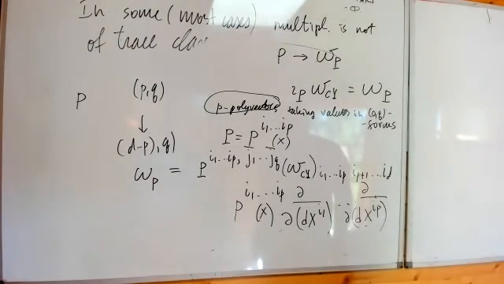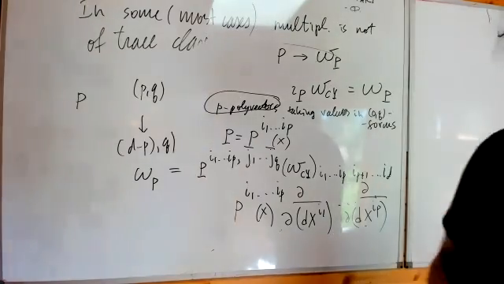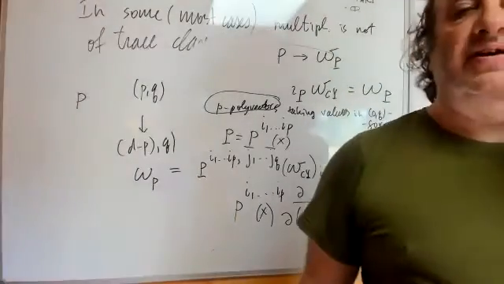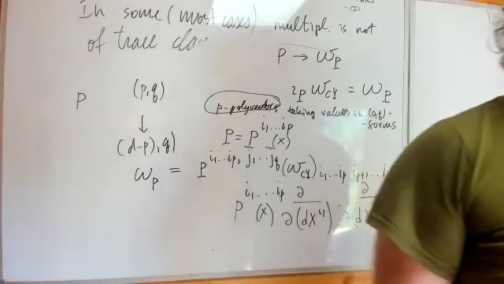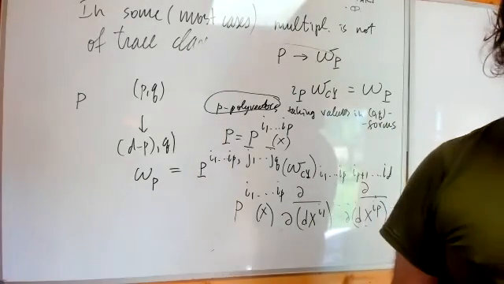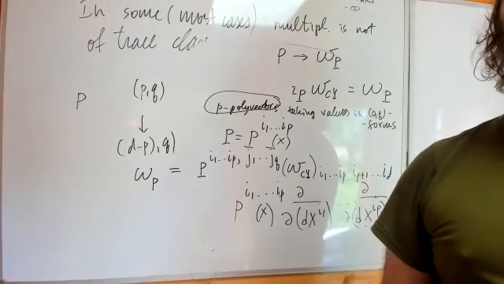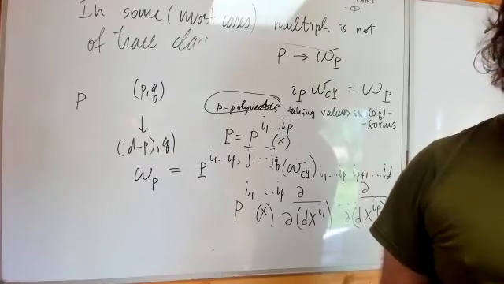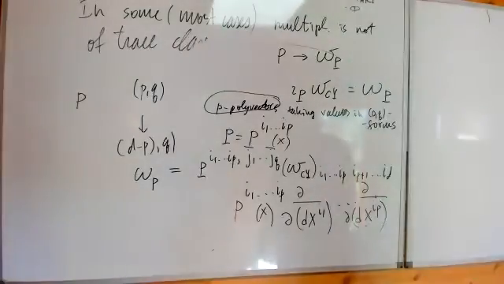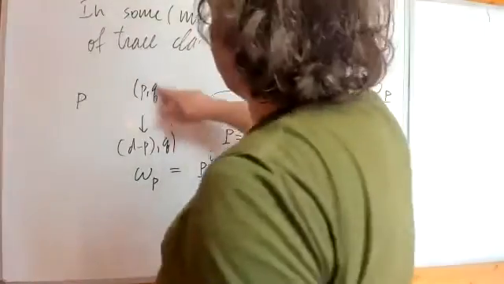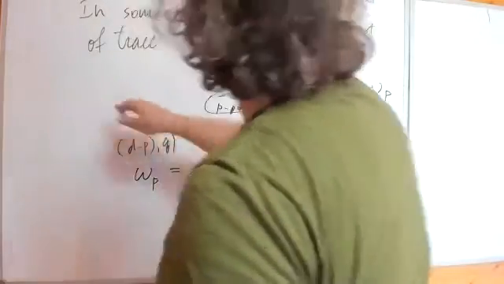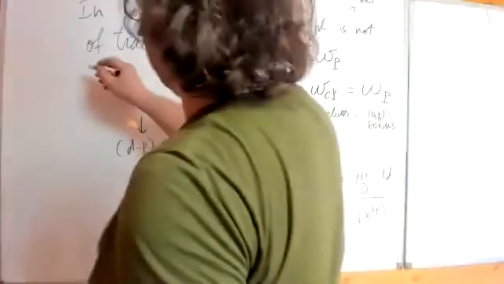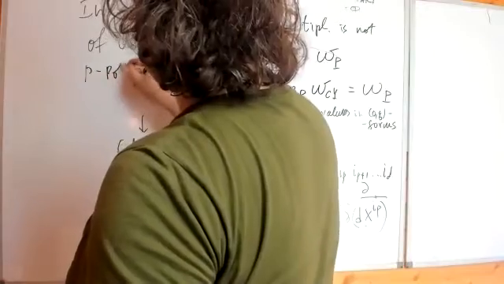That's not the same as P comma Q polyvectors, right? Of course. When I say PQ polyvectors, I always mean the same thing.